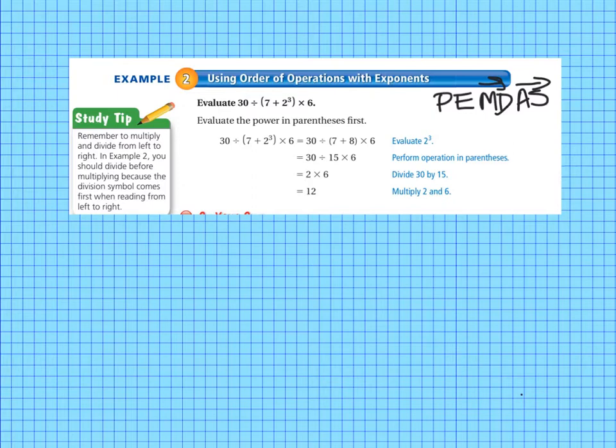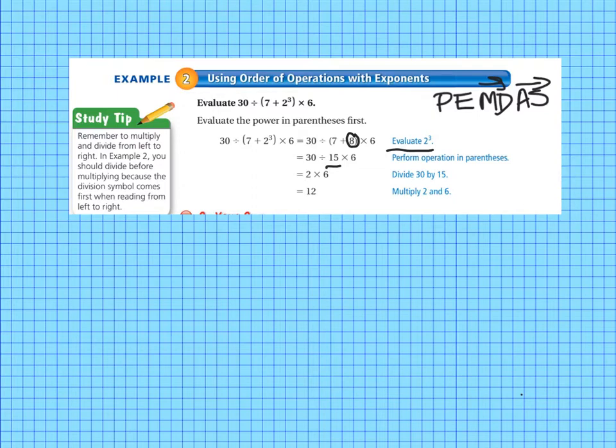So 2 to the third power, we're evaluating 2 to the third power equals 8. So we still have our parentheses, and in that parentheses we now have 7 plus 8, which equals 15. So now we're going to multiply and divide left to right.